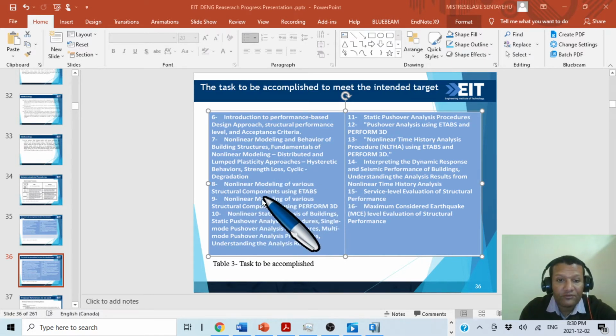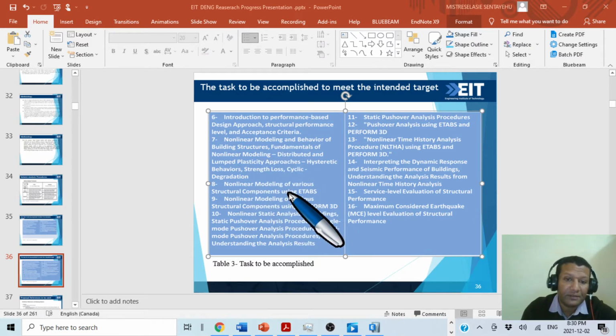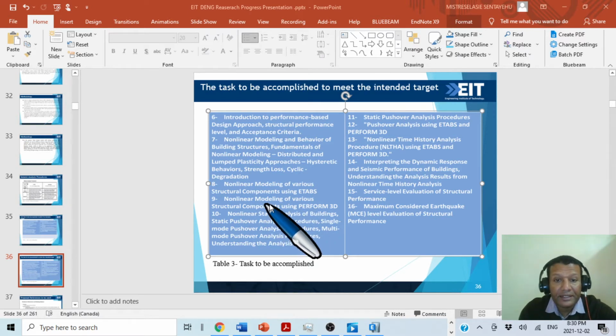Nonlinear modeling of various structural components using ETABS. This is the same as this one, because plastic hinge modeling and fiber hinge modeling. These are the 2 parts I use, but there might be another also. Nonlinear modeling of various structural components using Perform 3D.